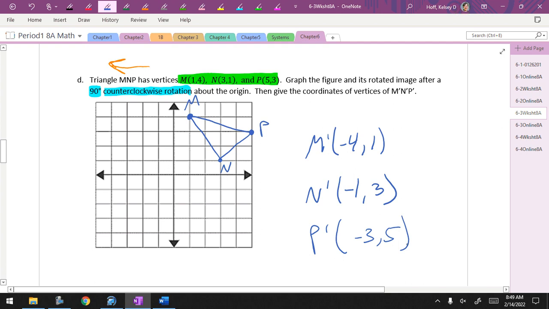You almost have to tell your brain not to trick you, agreed? It's a brand new graph. Don't overthink. So if you plot these points, you should end up at -4, 1 is your M prime. -1, 3 is your N prime. And -3, 5 is your P prime.